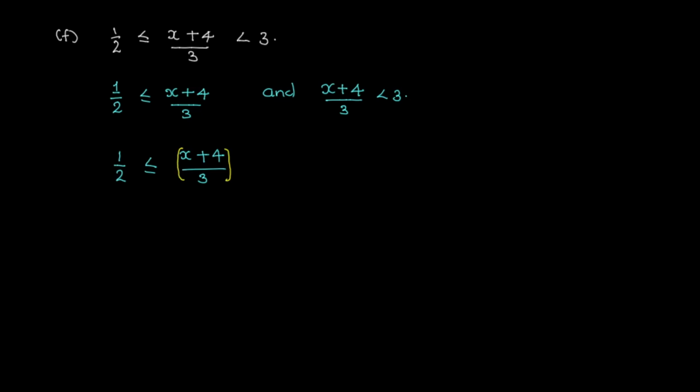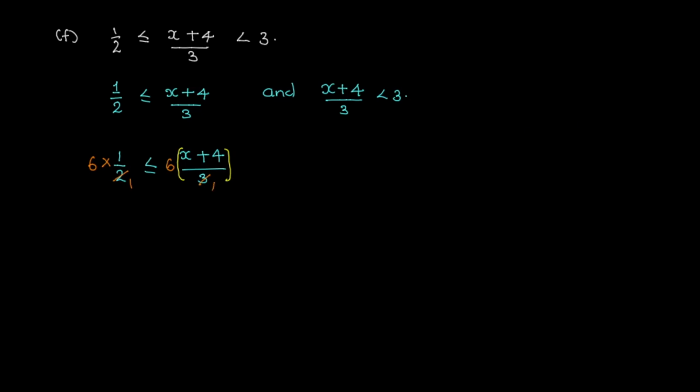With LCM 6 multiplying the right hand side and also the left hand side, we divide by 2, it goes to 1, and by 3, so 1.